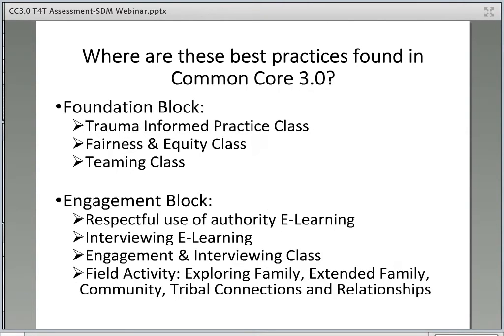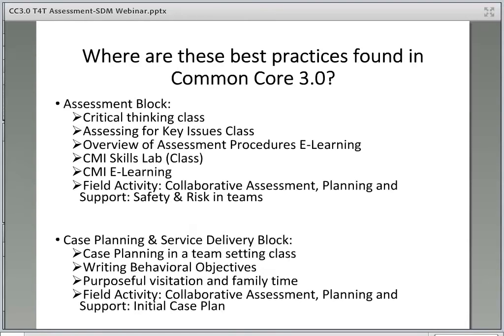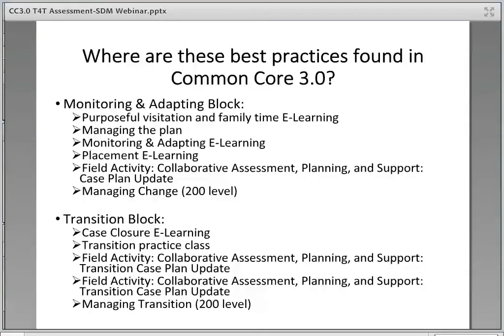This is a brief list of where the best practices can be found in Common Core 3.0 classes. These classes are divided into each block: foundation block, engagement block, assessment block, case planning and service delivery block, monitoring and adapting block, and transition block.